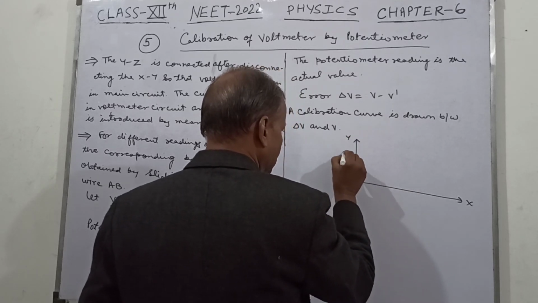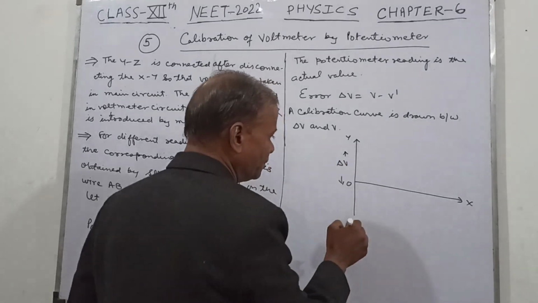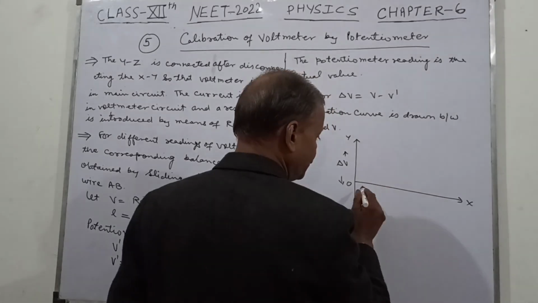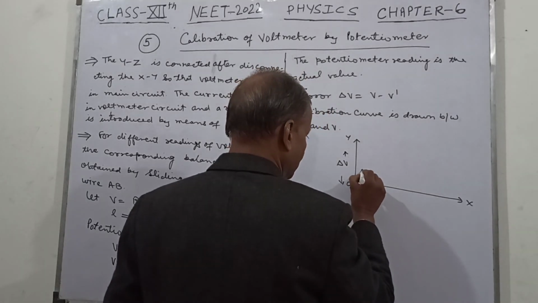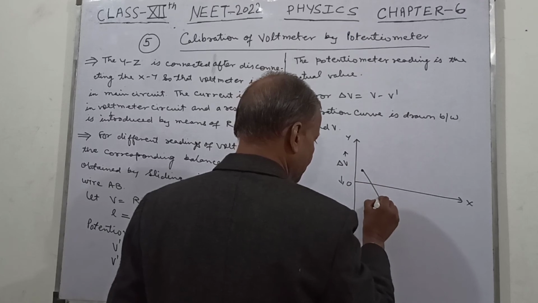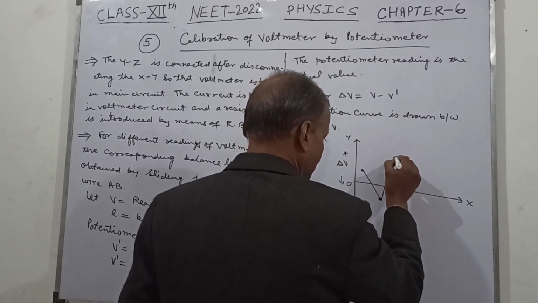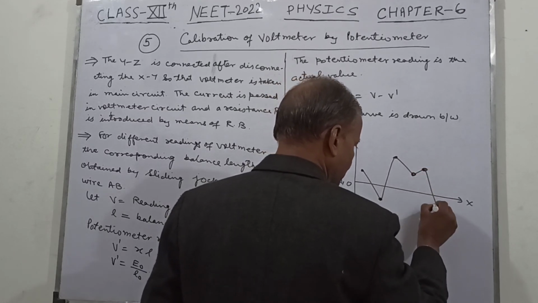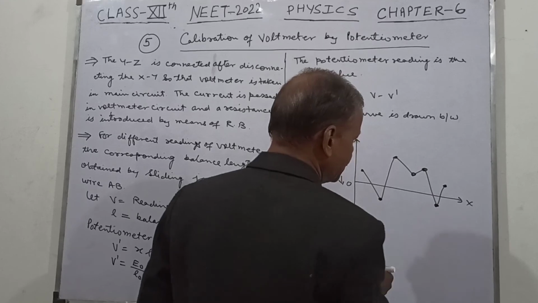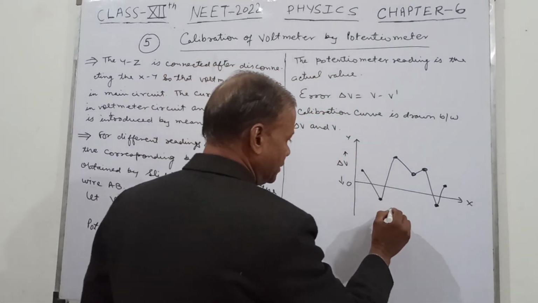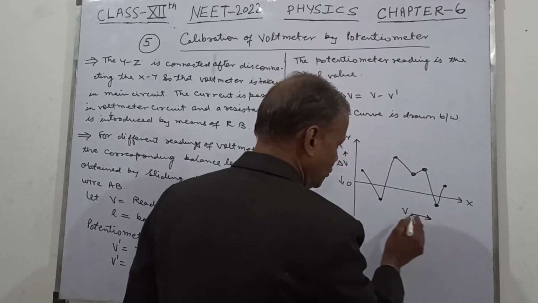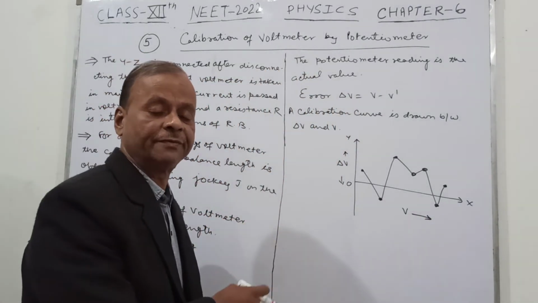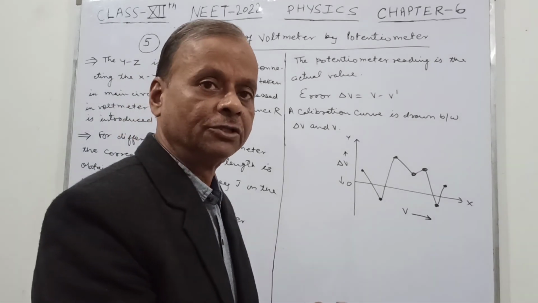Here we take delta V, which may be negative, positive or 0. Here we take V on the x-axis. So this gives you the calibration curve. From this calibration curve we can calculate the value of the potentiometer reading.